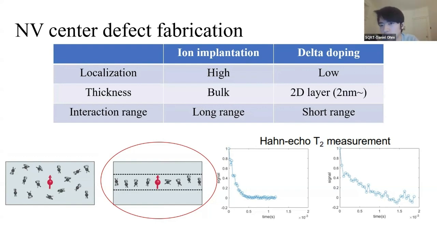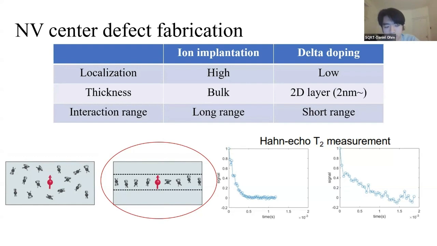So basically, their interactions are in fact 2D, not 3D. So you have a 2D layer of NV centers, which is really interesting because what this creates essentially is not a 3D, but a 2D sample, a 2D spin bath.